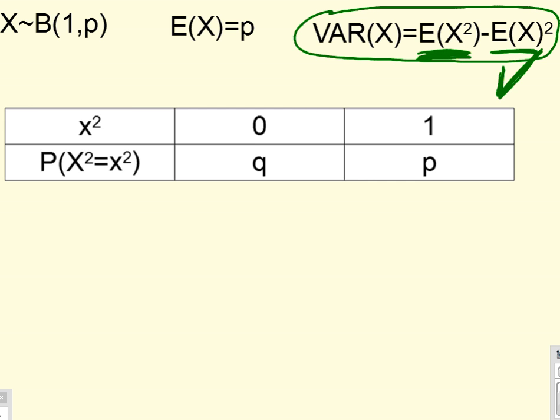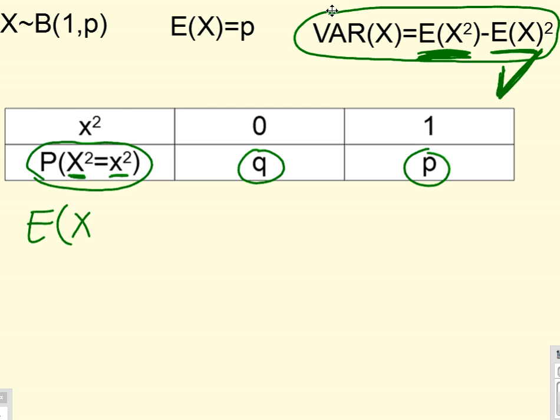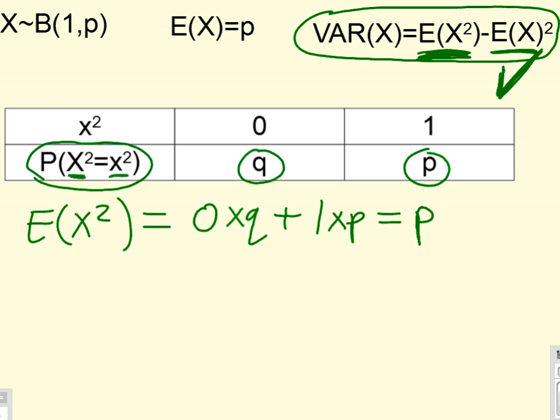But on the first page, we saw that the event of x squared equals some value has the same probability as the table we did before. X squared can only equal that value squared if x equals that value, and vice versa. So these probabilities just don't change. Now to find the expected value of x squared, we proceed as usual. 0 times q plus 1 times p, which is p.